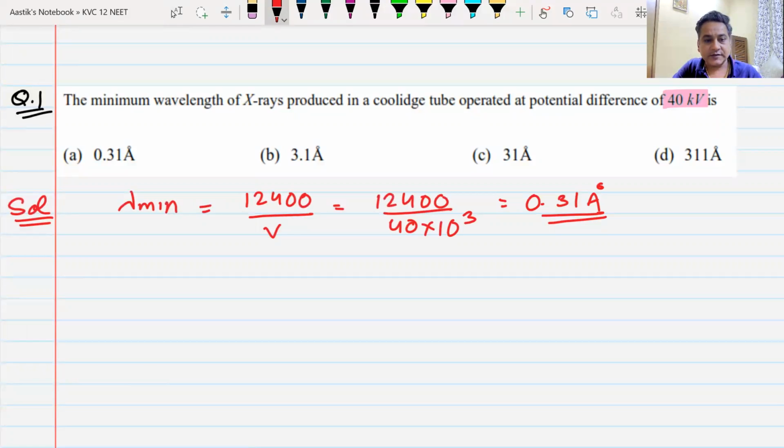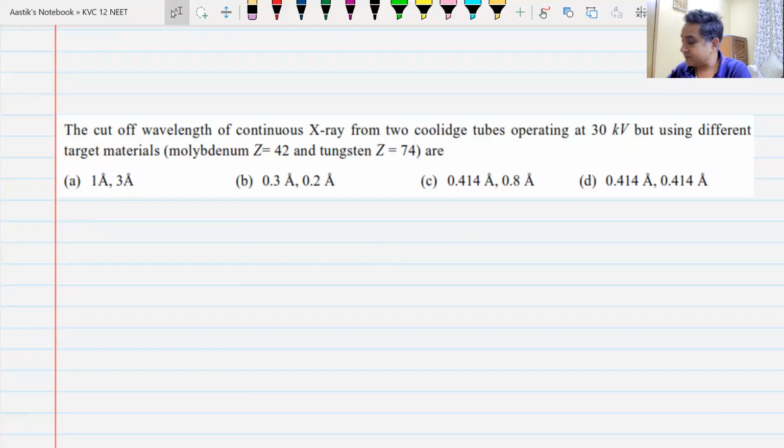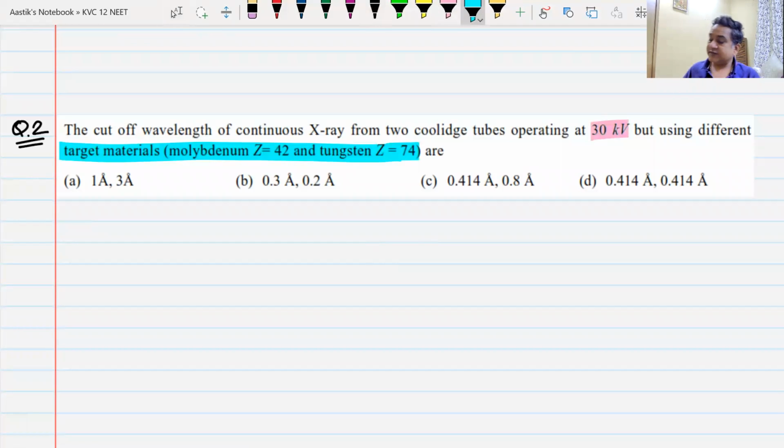One more question. Let's see who gets this. If you apply your brain correctly without even calculating, you can give me the answer for this one. The cutoff wavelength of continuous X-rays for two Coolidge tubes operating at 30 kilovolt, but using different target metals. Target metals are different.